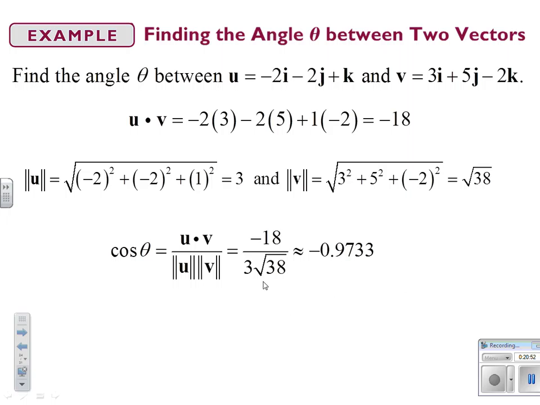So when you're putting this in your calculator, just keep this here. So I would have inverse cosine, open parenthesis, negative 18 divided by open parenthesis, 3 times root 38, close parenthesis, and then apply it. We get theta equals 166.7 degrees.